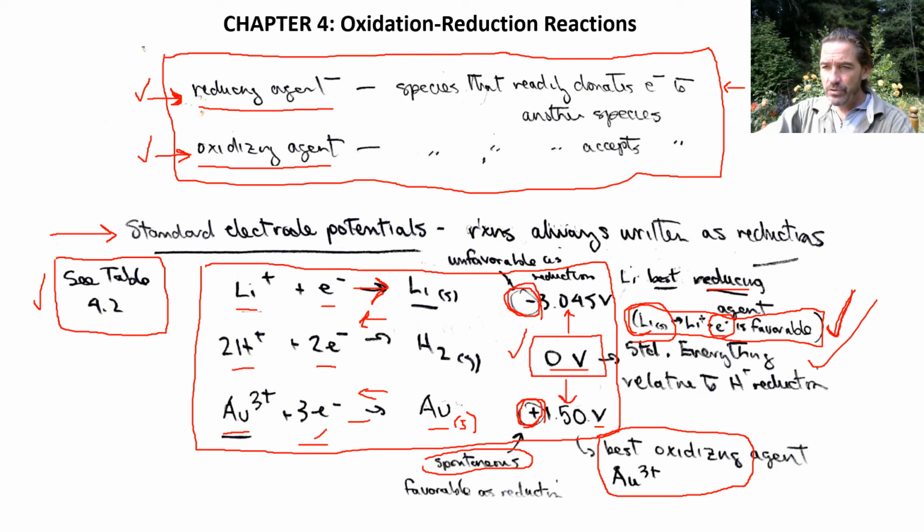It wants to take electrons from something else because it would like to form gold solid. So we need to think in terms of oxidizing agent, reducing agent, and just general spontaneity in terms of looking at the signs for a given half reaction or overall reaction.